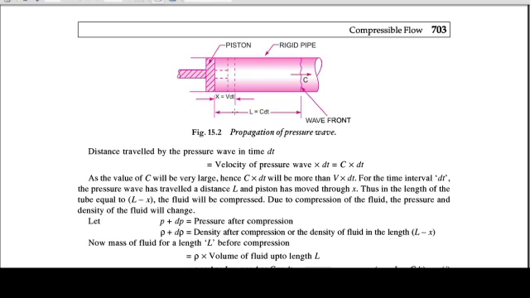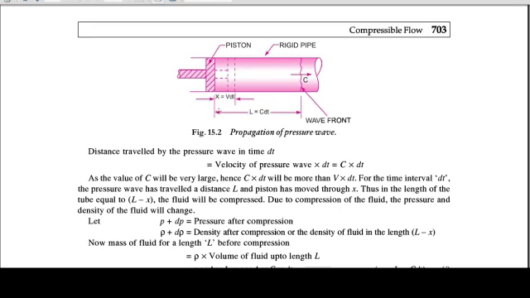For the time interval dt, the pressure wave has traveled a distance L, whereas the piston moved through the distance x. Thus the length of the tube is equal to L minus x.